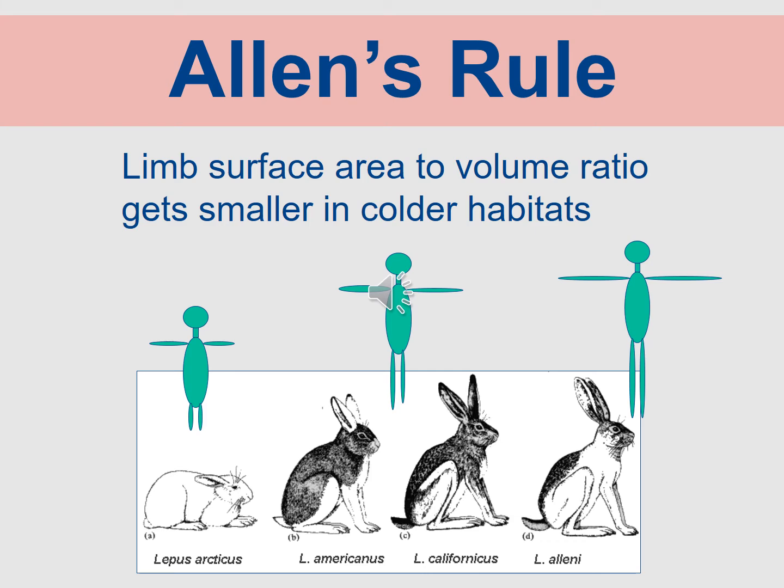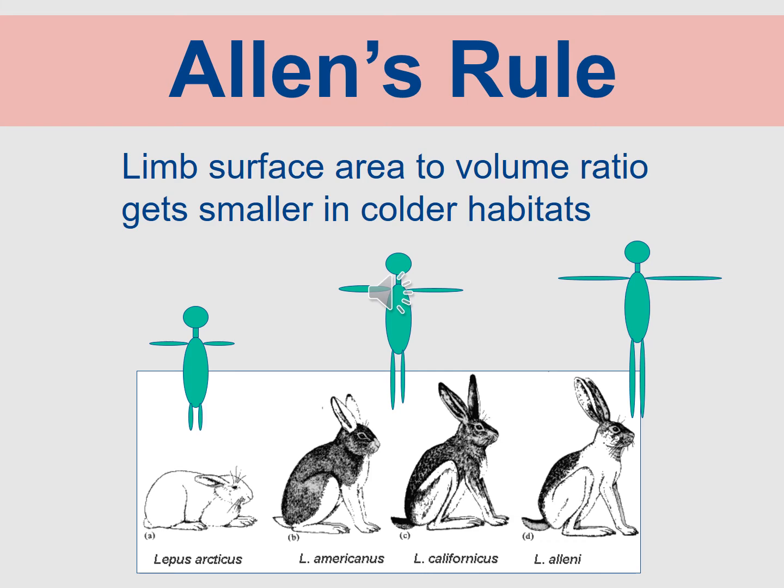Limb surface area to volume ratio gets smaller in colder climates, so in more northerly latitudes, colder climates, the appendages will be smaller and closer to the body, kind of tucked in. In warmer climates, we tend to see longer, more elongated limbs, extended further away from the body.